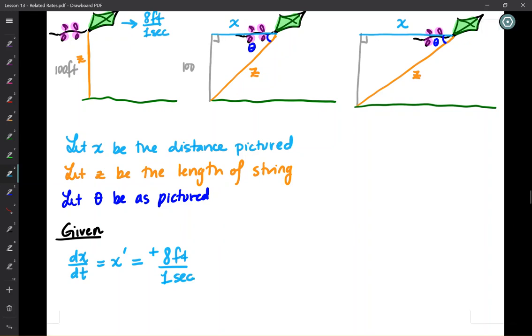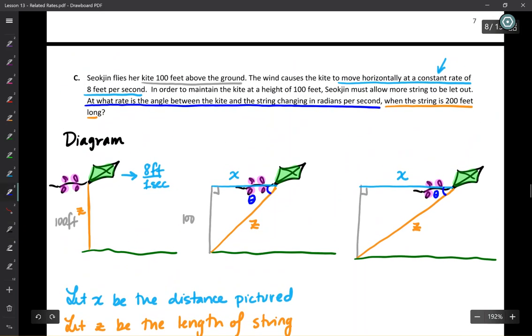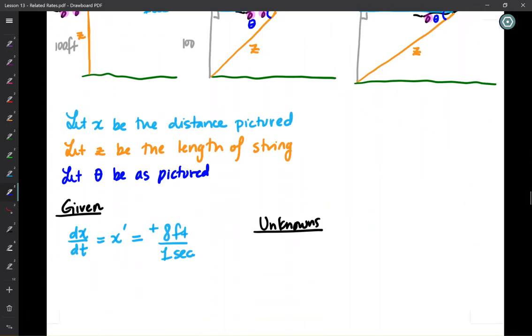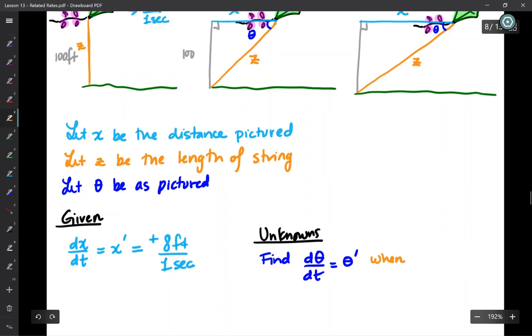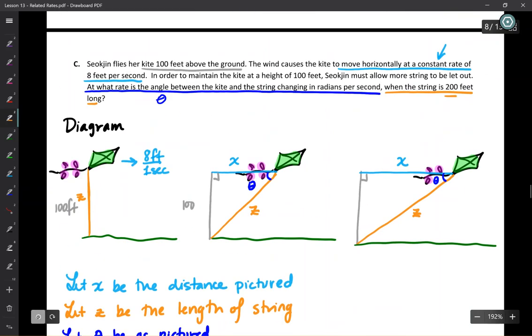And then they've asked us, I think we can write it right here. What have they asked us to find? Here in the dark blue, they've asked us to find the rate at which that angle, theta, between the kite and the string is changing in radians per second. What do we want to do? We want to find d theta/dt, or theta prime if you prefer, at a particular moment when the amount of string that's let out is 200 feet.